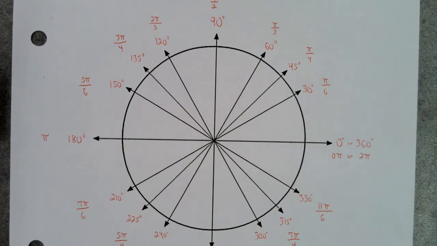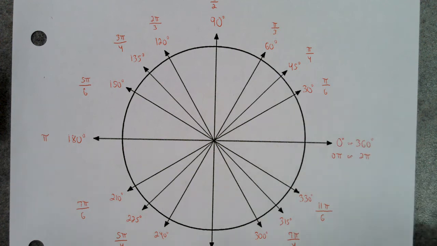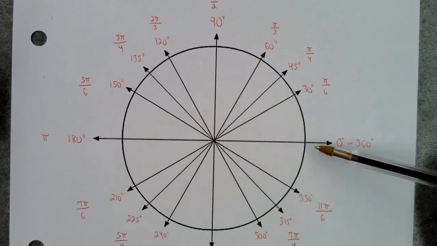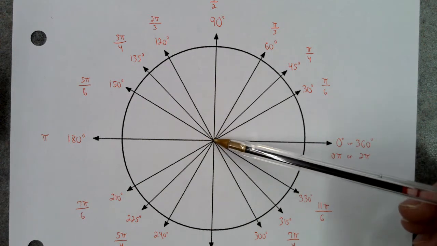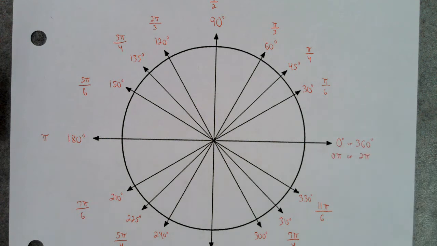Okay, so again, in the perfect world, you'll be able to memorize this. But remember, the radius of the unit circle is 1. Okay, if you think of the x and y axes, this is the origin 0, 0. If the radius is 1, this will be the point 1, 0. We'll start with that.